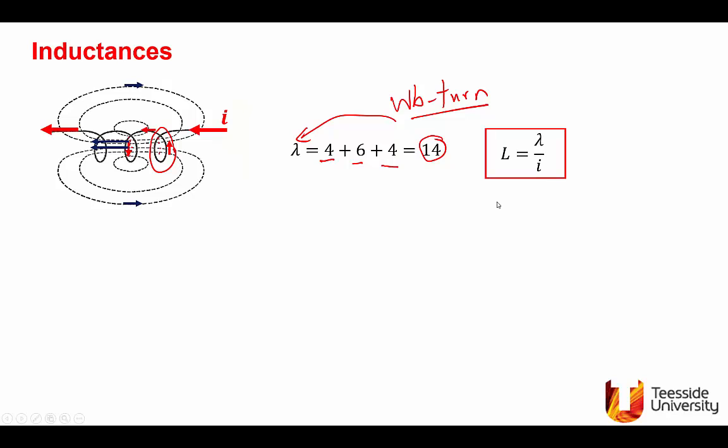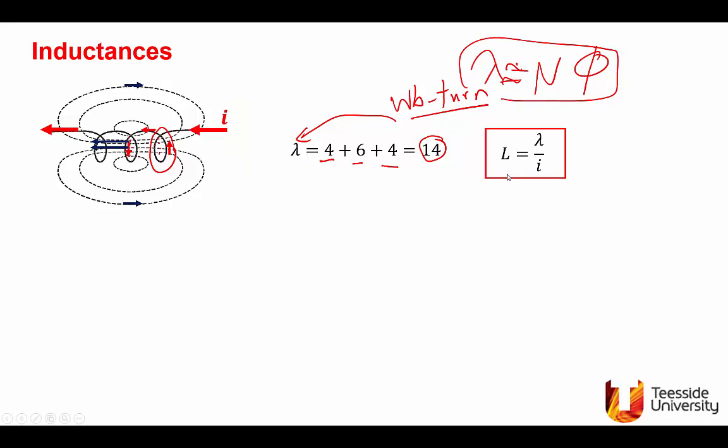Now, if all the turns of the coil were linked by the same flux phi, then lambda will be N phi. That's approximate. And you will find in many books and equations, they just consider N phi as the flux linkage. That is not the general case.